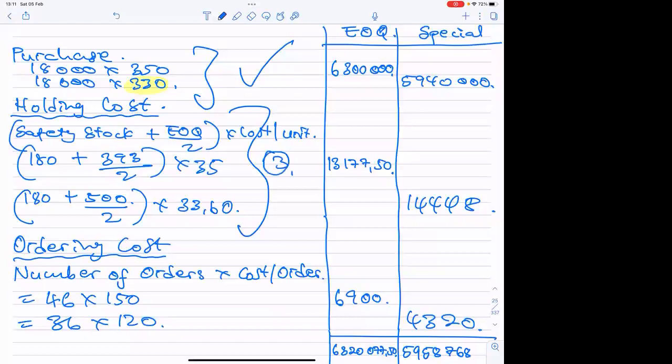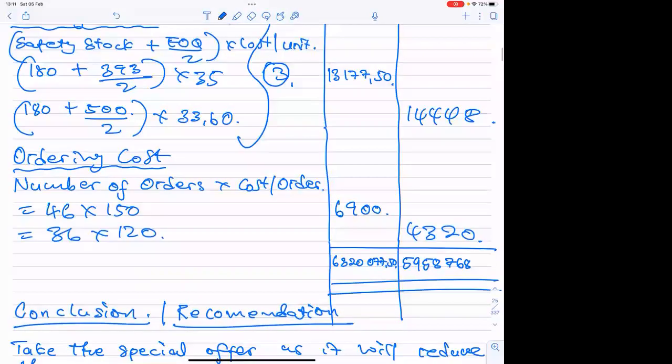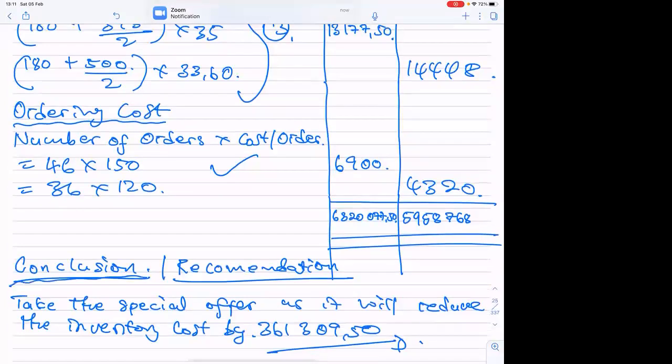Always put something. Then you come to the ordering cost. So the answer is going to be different from what the examiner has. But what is important is that you give a conclusion, that they are going to take the lowest altogether.